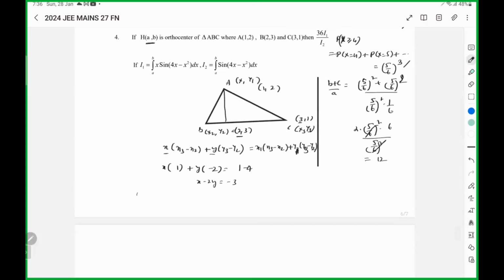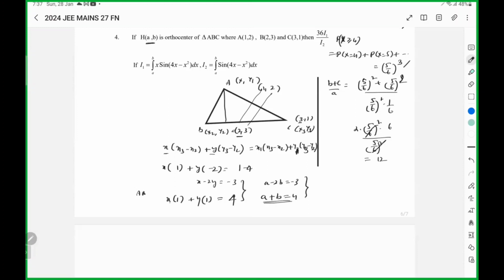Similarly, if you take the AB related altitude, here the difference of x coordinates 2 minus 1, here y into 3 minus 2, which is 1, which is equal to, just replace x y with 3 comma 1, 3 plus 1, which is 4. So the orthocenter lies on these two. So a minus 2b is minus 3, a plus b is 4.